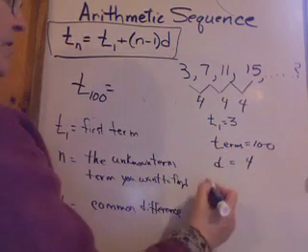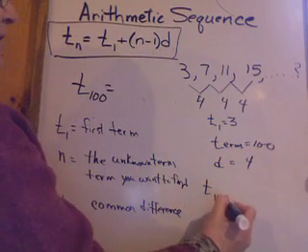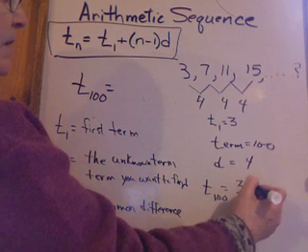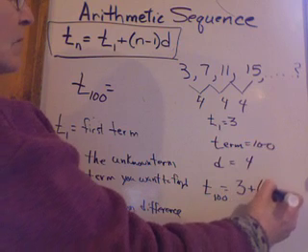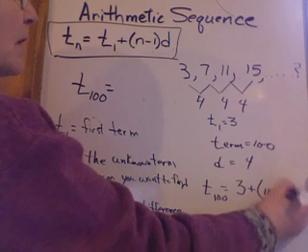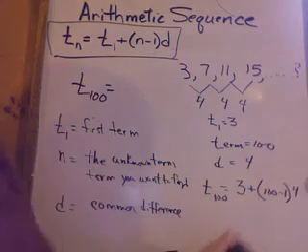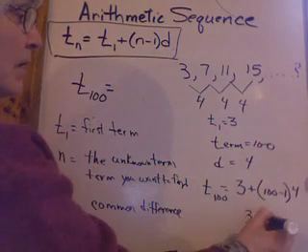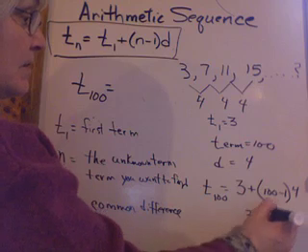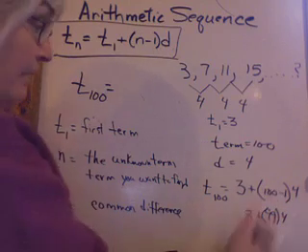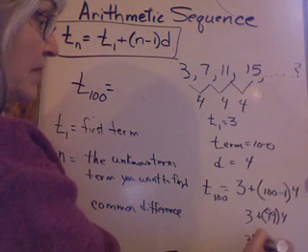So T100, in this case, would equal T1, 3, plus 100 minus 1 times D, which would be 4. 3 plus 99 times 4. And if you figure that out, you get 399.